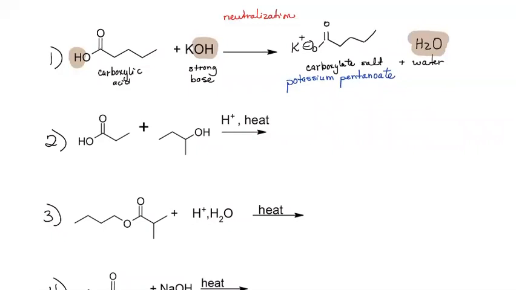So in the second example, you need to recognize that you are given, and it can be in any order, you can first be given the alcohol and then the carboxylic acid, or like in this case, a carboxylic acid and an alcohol, okay? What functional group are we making when we have carboxylic acid plus alcohol in the presence of acid and heat?